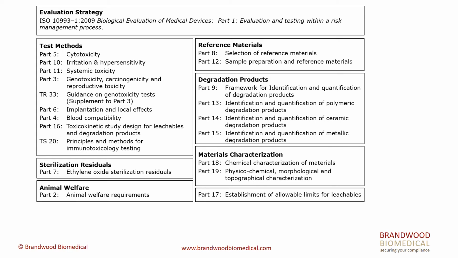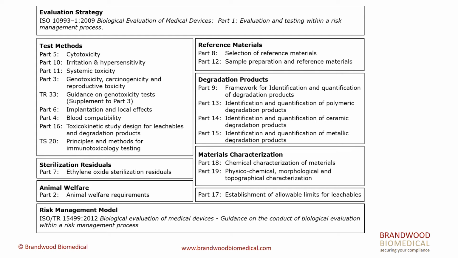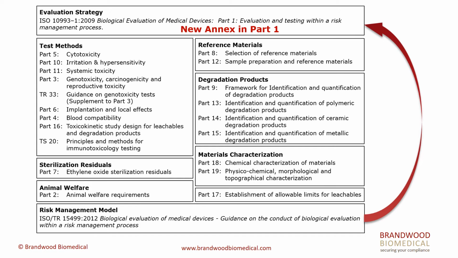And then finally there is a technical report, 15499, which provides guidance on how to conduct a biological evaluation within a risk management process and using this body of standards. This guidance, by the way, is now being written into the new version, currently in draft. It will become an annex of the new Part 1, which is currently being worked on by ISO Technical Committee 194.